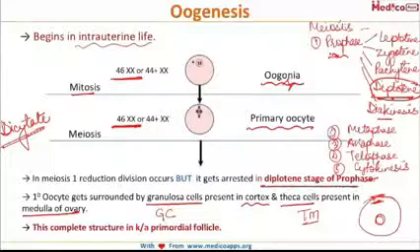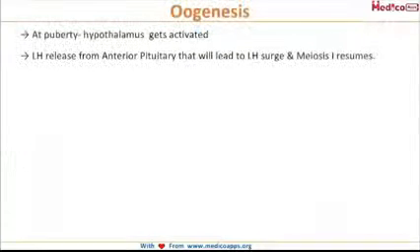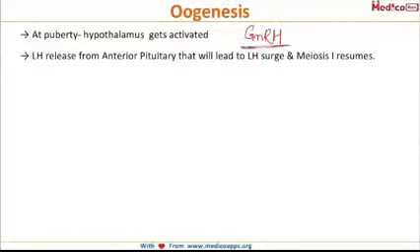So what happens at puberty? At puberty, the hypothalamus gets activated. Now this hypothalamus releases a hormone GnRH, that is the gonadotropin releasing hormone, in a pulsatile fashion. Now this GnRH acts on the anterior pituitary and it leads to the release of two hormones, LH and FSH.